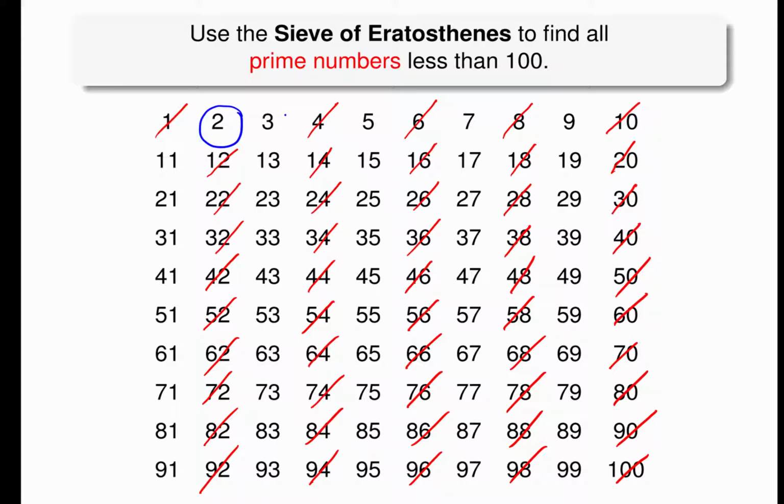Alright, the next number 3 is prime, since it's certainly not divisible by 2. So let's circle it. All the multiples of 3 won't be prime, so we cross them all out.